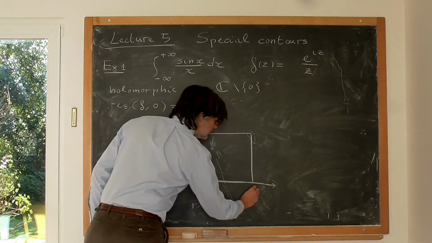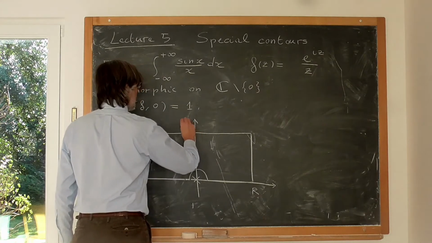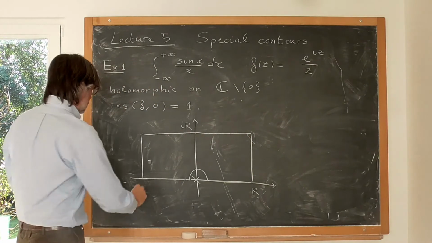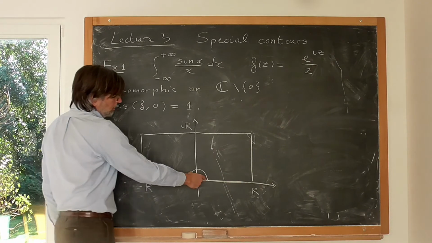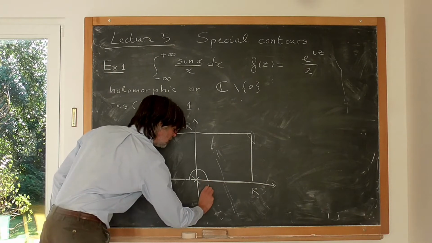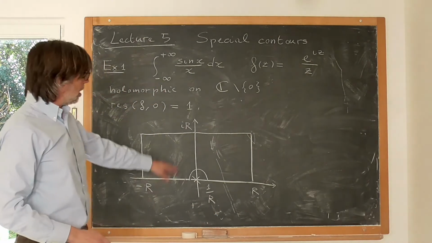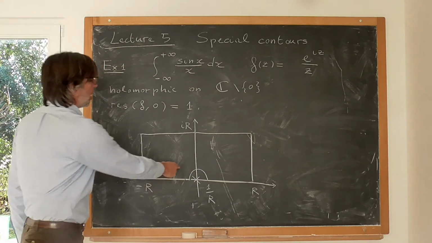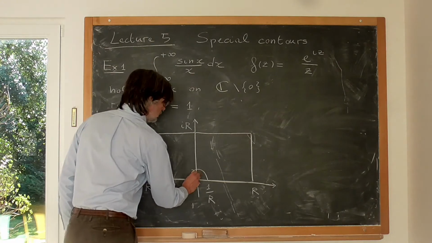So here, this is R, let's say big R, this number here is iR, so that this length is also R, and so this is minus R. And here we will consider a very small circle, say of radius 1 over R. Okay, and then the parameter R will go to infinity, so this arc becomes smaller and smaller, and as usual everything is oriented counterclockwise.